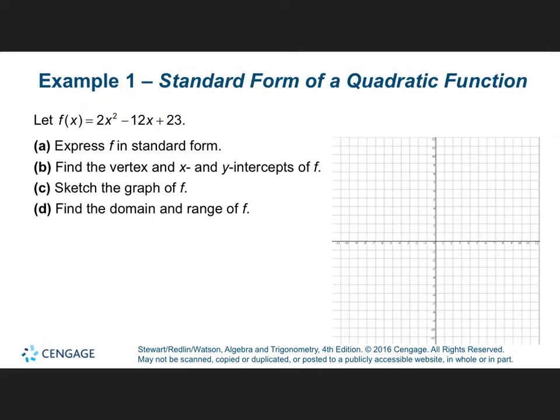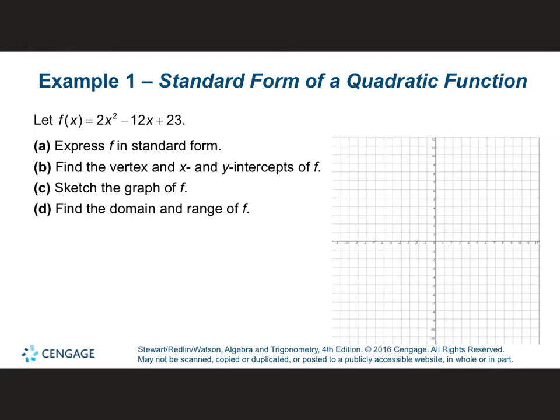If we look at our first example, we are given f of x is equal to 2x squared minus 12x plus 23. We're asked to express f in standard form, then find the vertex and the x and y intercepts of f, and sketch the graph of f and find the domain and range.